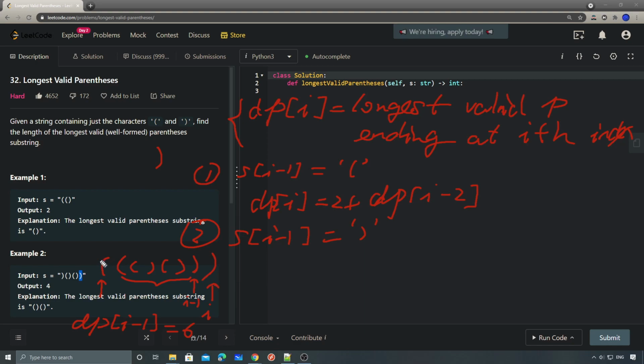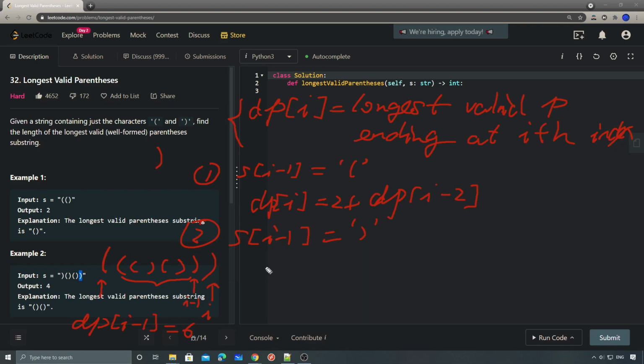Otherwise, if there's nothing here, or this one is a right parenthesis, then we cannot form, ending with this i, any valid parentheses. Only when we have a left parenthesis, a pair on the other side, then we know there's a valid parenthesis ending with this i here.